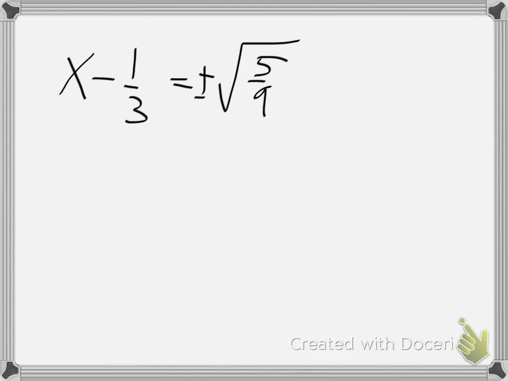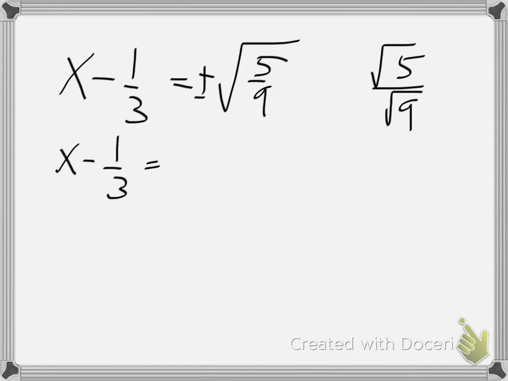Now I want to break down my fraction to make this square root of 5 over square root of 9, which means I can reduce. This is now x minus 1/3 equals plus or minus square root of 5 over 3.